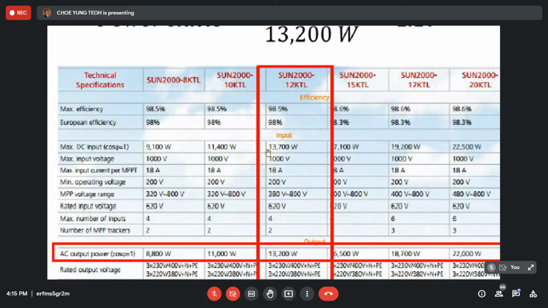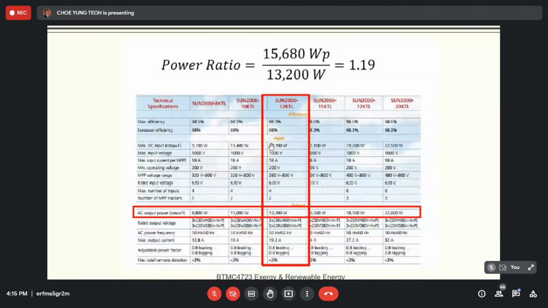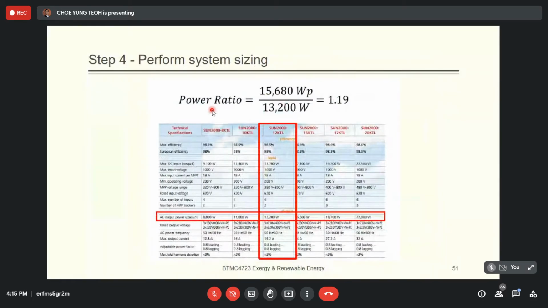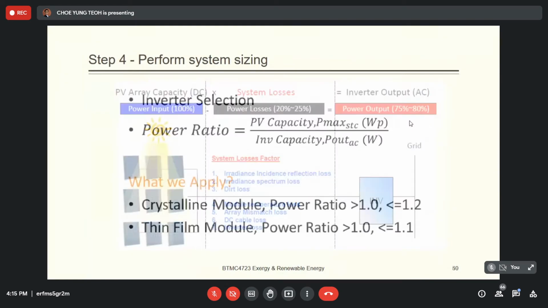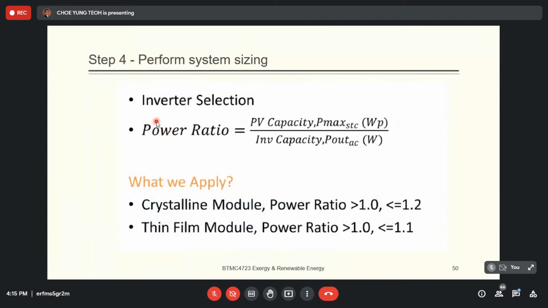So in that case, let's say we pick this one, but that's not yet the end of the story. We still have to check the power ratio. You can see that after you minus 20%, then we have to check the power ratio. Power ratio is the PV capacity divided by the inverter capacity. And this inverter capacity is actually the power output from the inverter, not the power input.